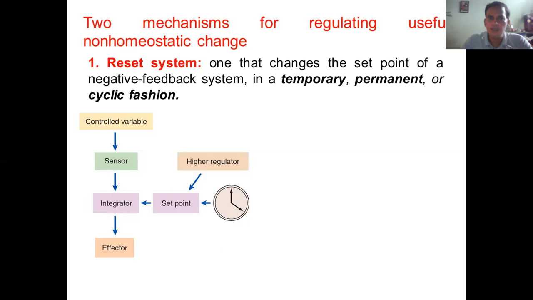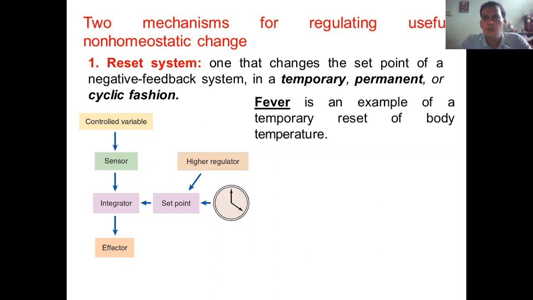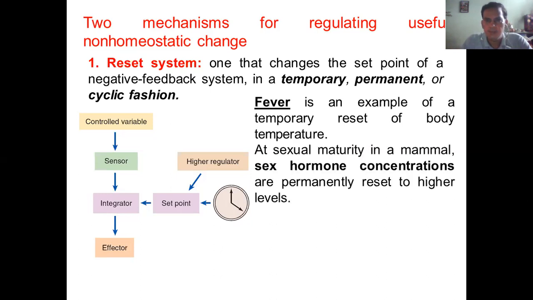For example, in case of fever, it temporarily increases body temperature a little bit higher as compared to 37 degrees. Now the body doesn't try to bring it down to 37. Why? Because there is a reset system. So fever is one particular example.